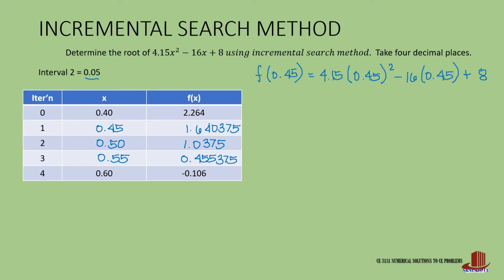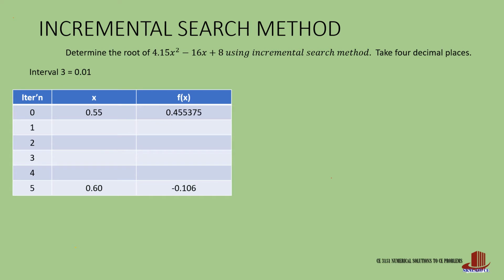Now we can see that we are onto the upper level. So we are sure that the root of the curve would turn out from 0.55 to 0.60. Next step. Knowing that our root lies between 0.55 and 0.6, we can work on our next subinterval.